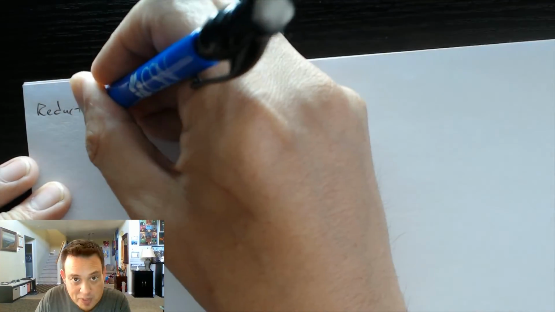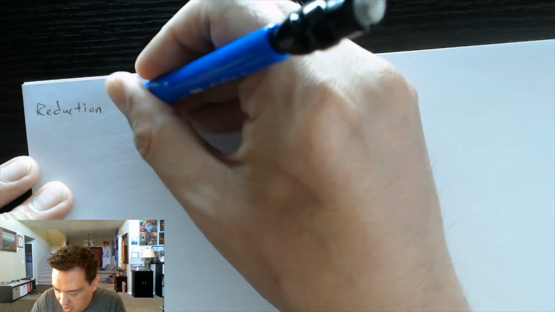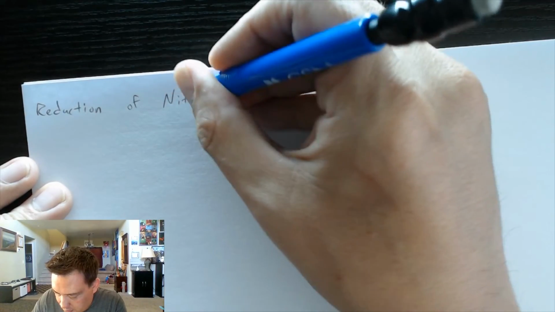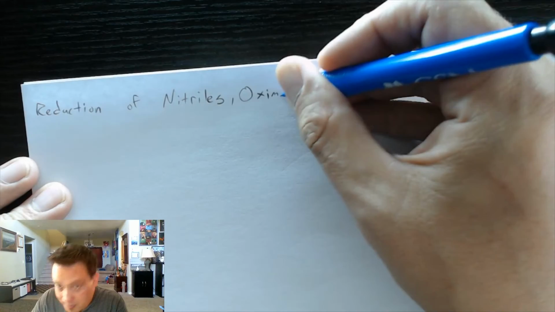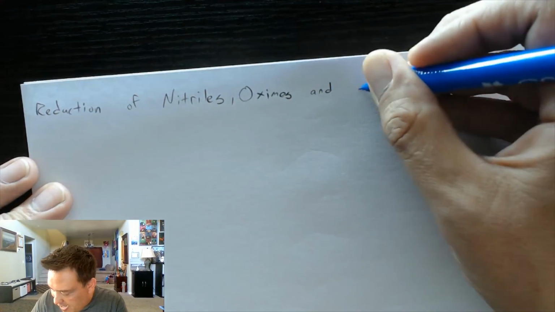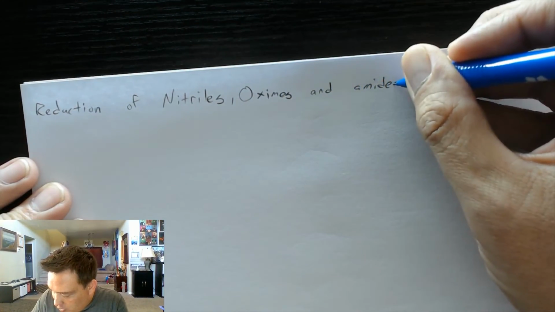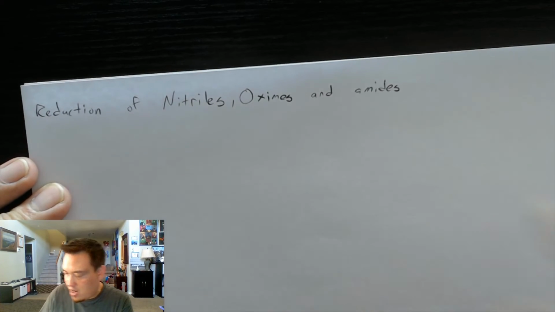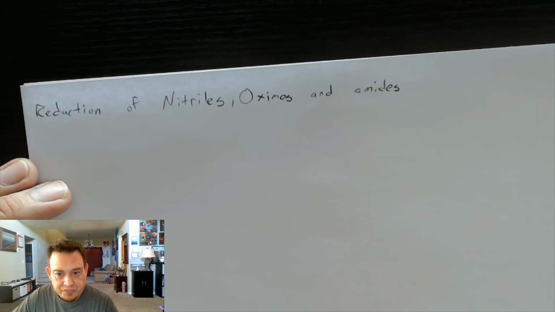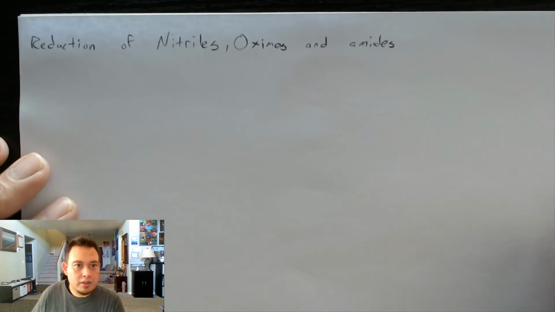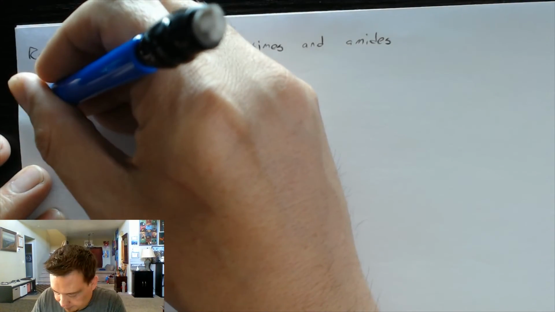So it turns out that we can also do a reduction of nitriles, oximes, and amides. We've seen these two before, the nitriles and amides reduction. We have not seen what an oxime is yet. All right.